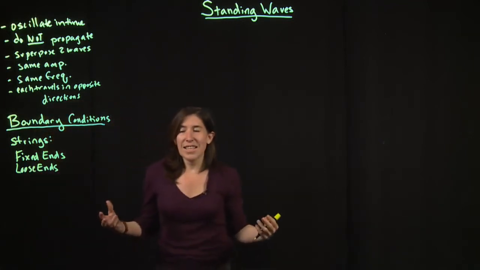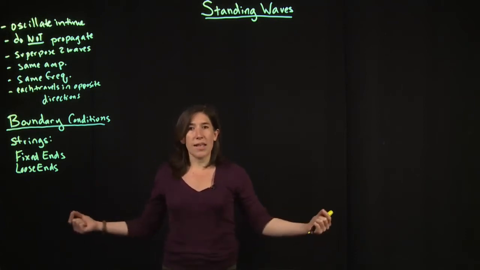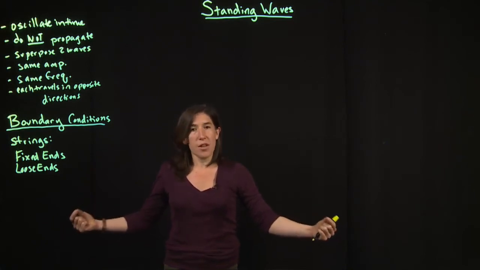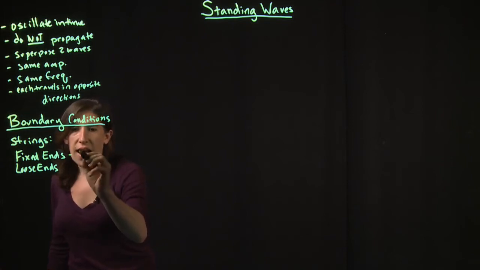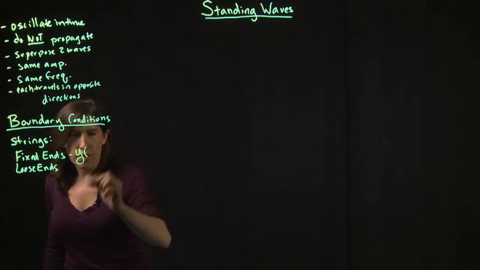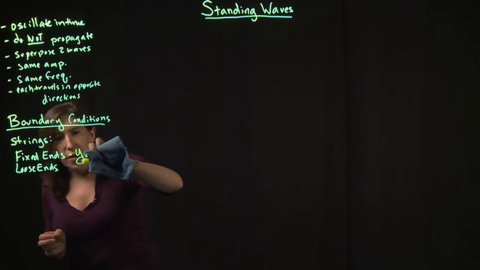A fixed end is like when you have your guitar and the two ends of your guitar string are fixed. They're held in a particular location and they aren't allowed to move at all. So fixed ends have zero displacement. So y equals 0 at the ends.